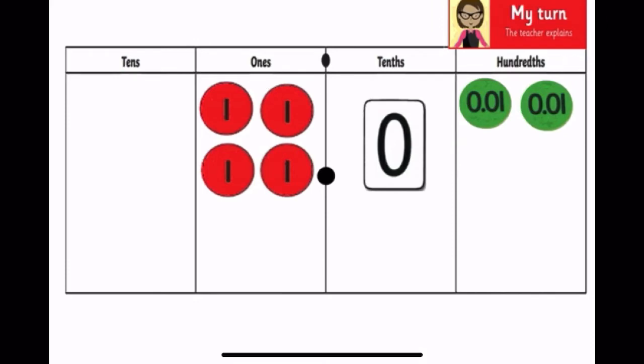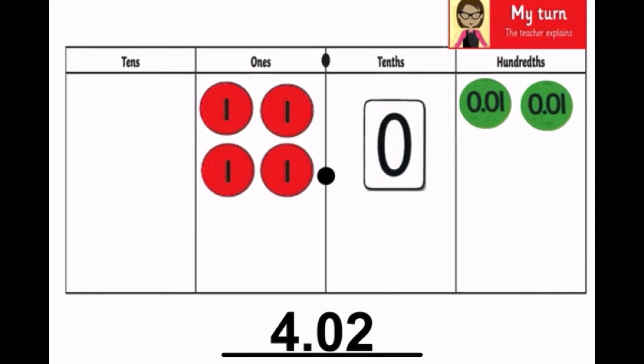So I now can use that information to help me to write my decimal. So I've got 4 ones. I need my decimal point. I need to write a 0 to show we haven't got any tenths. And then I need to write a 2 to show 2 hundredths. 4.02, 4 and 2 hundredths.